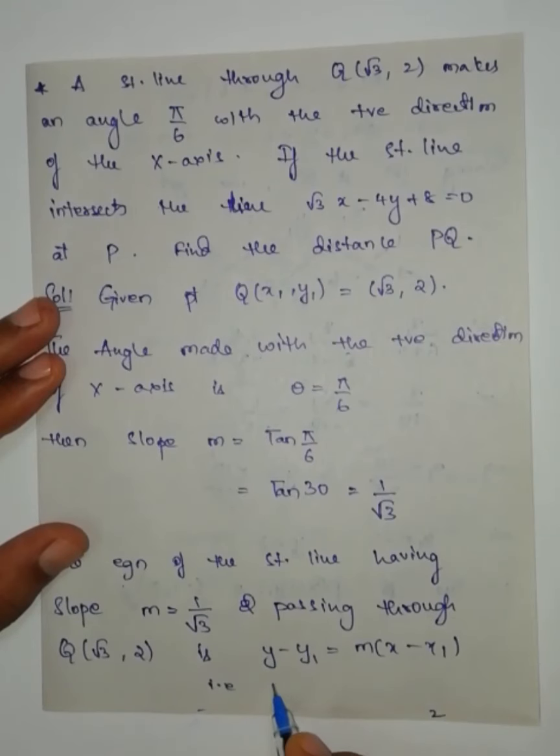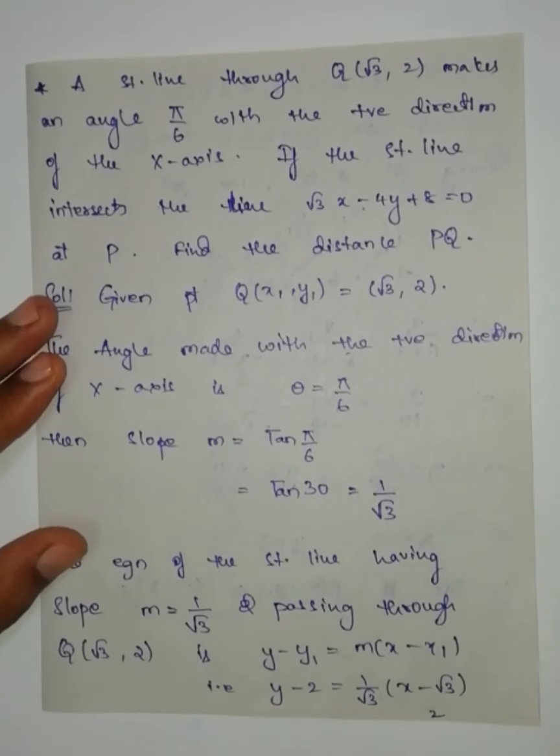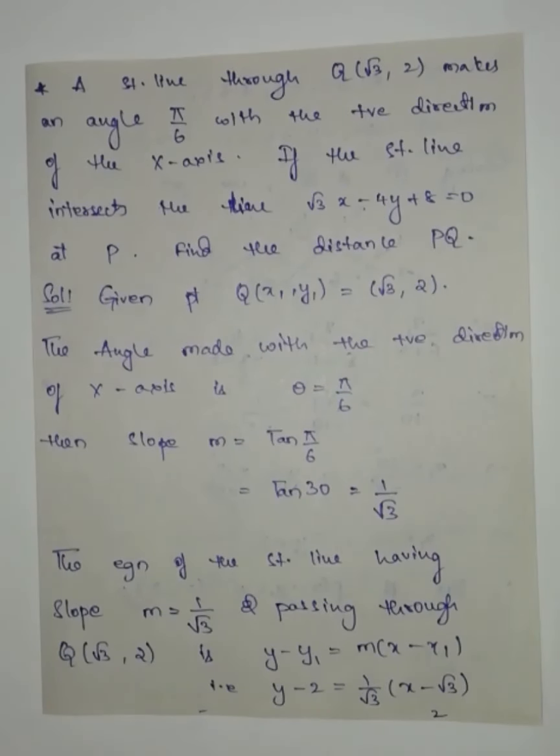That is y minus 2 is equal to 1 by root 3 into x minus root 3. Now I can make a cross multiply.